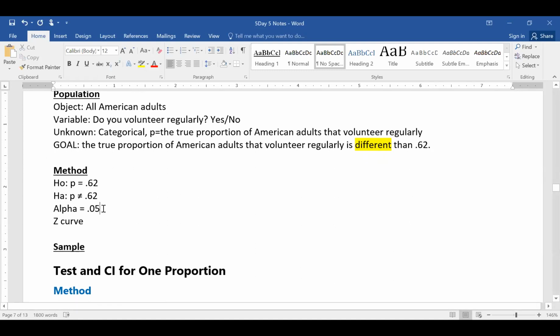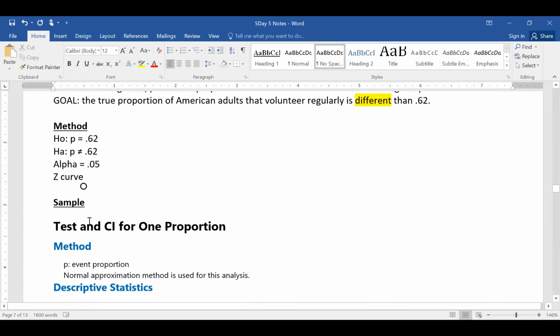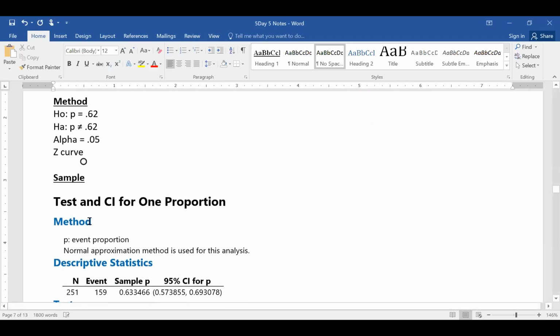You can write 5%, or you can write 0.05. I typically stick with the decimal form since that's what we're going to use later on. And then, like I mentioned before, you always use the Z curve here, because we're studying categorical data and just doing one sample right now. As we move forward in the class, we're going to move on. But right now, for one sample categorical, it's always the Z curve.